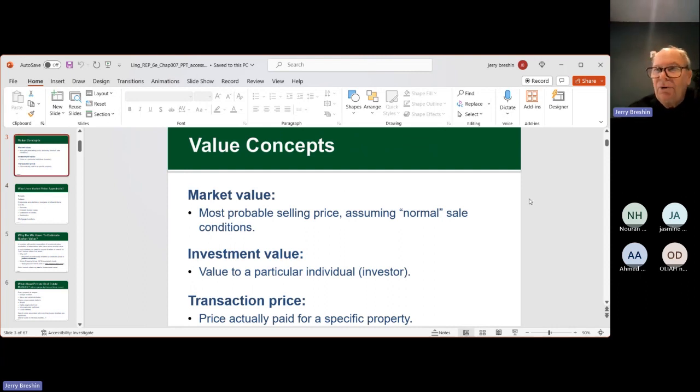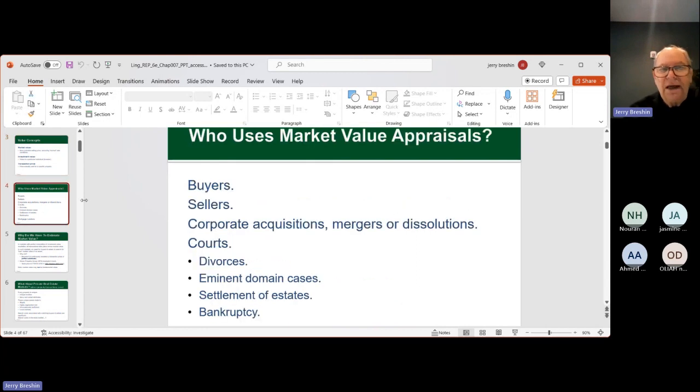The transaction is the price that eventually the property will sell for.